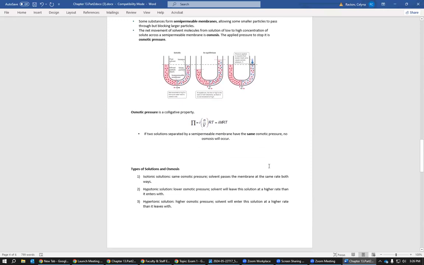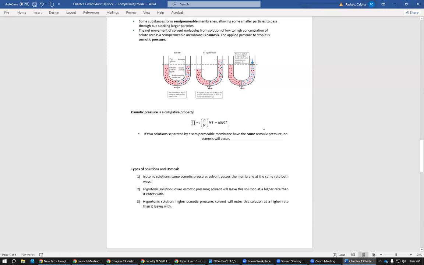And then osmotic pressure is a colligative property, right? Osmotic pressure, the symbol here, pi, is equal to i, the Van't Hoff constant, multiplied by moles divided by volume, multiplied by the universal gas constant, multiplied by T. So what's moles divided by volume?